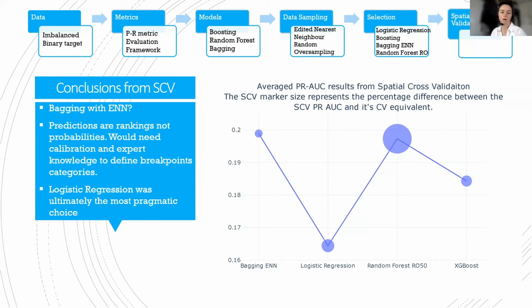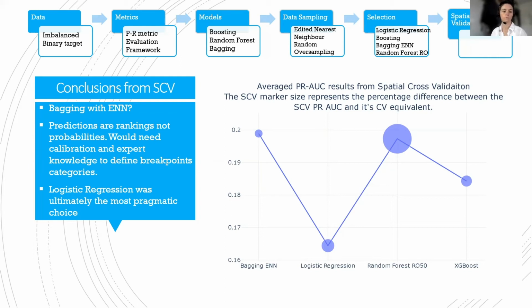At the outset, it looks like bagging with edited nearest neighbors was the highest performing model, and logistic regression was the lowest. But we note the y-axis does not have a very big range, so there actually isn't much of a functional difference in performance through any of the models in many respects.